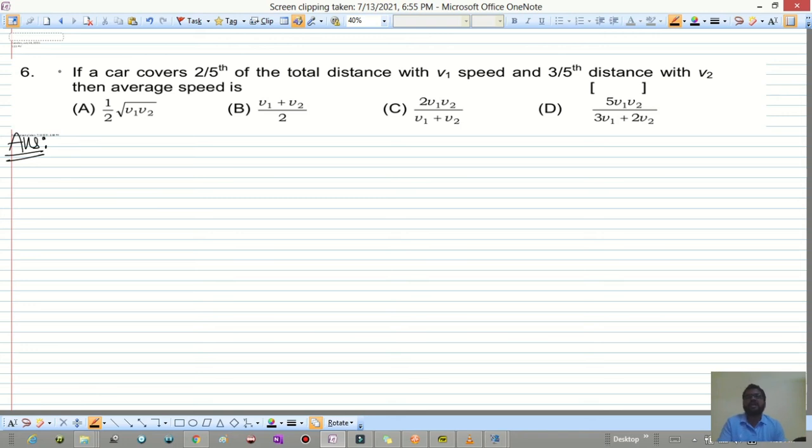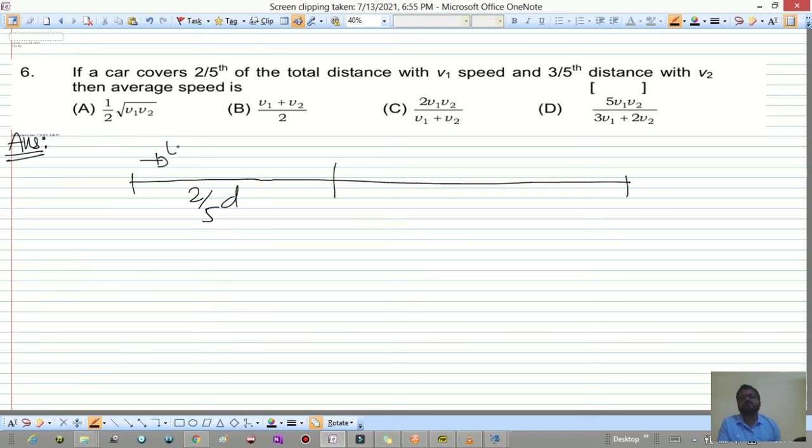Next, a car covers 2/5 of the total distance d with a speed v1, and 3/5 of the total distance with speed v2. Average speed we want. Average speed is always total distance by total time.